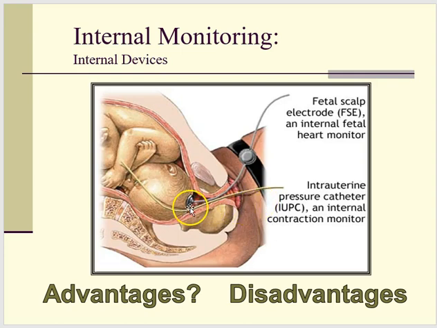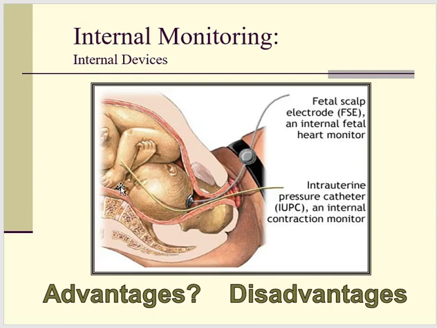If you look at this IUPC, intrauterine pressure catheter, you can see how you might accidentally poke something on one side or another, or if you have a placenta right up here and you go too far and poke your placenta, you could have a significant bleeding episode from that. Very uncommon for that to happen, but those are disadvantages of the internal monitoring.